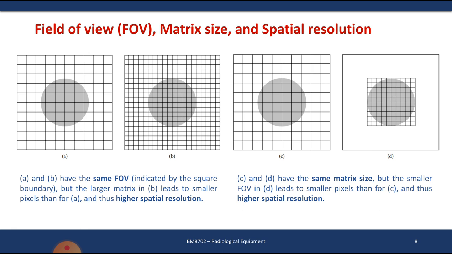The matrix size is the same for C and D, but the smaller field of view in D has higher spatial resolution because we are confining the region to only the brain, not the area surrounding the brain. That is, the circular object is the only thing focused in figure D. That is why we have higher spatial resolution in figure D. This is very important when you are imaging using an MRI system.